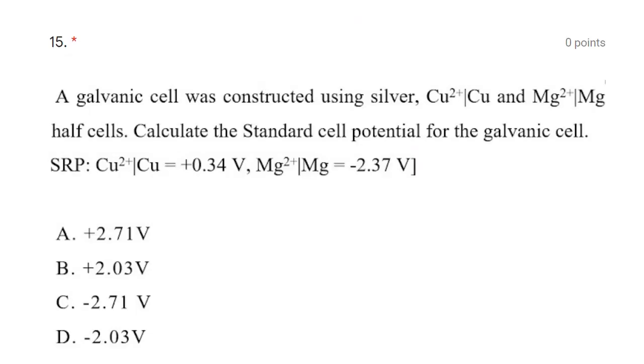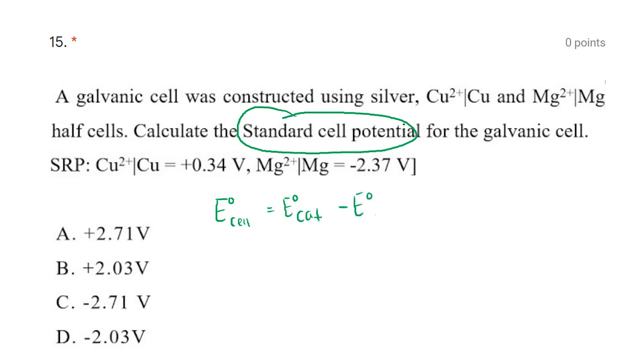Now we need to calculate the standard cell potential for this galvanic cell. To calculate it, E naught cell equals E naught cathode minus E naught anode. Just now we already had the idea that the more positive one will be the cathode and the more negative one will be the anode.